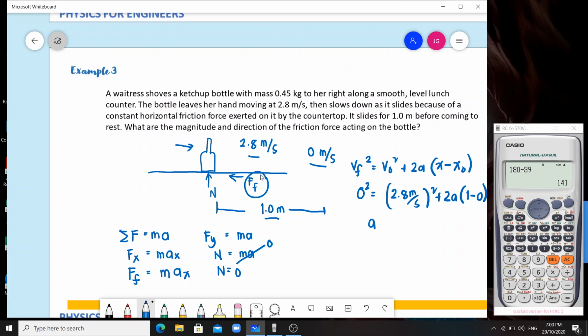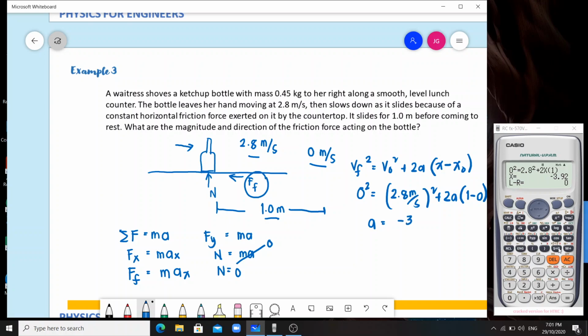So, ang a natin would be 0 squared is equals to 2.8 squared plus 2a times 1. Shift solve is negative 3.9. Okay?